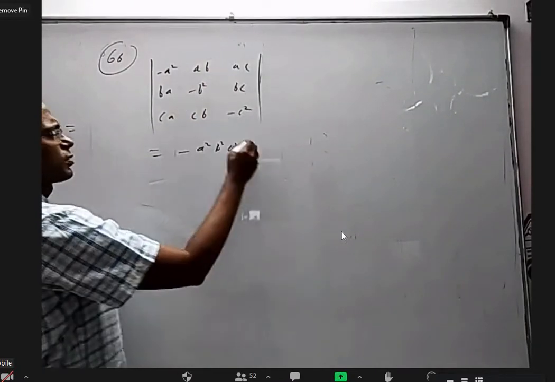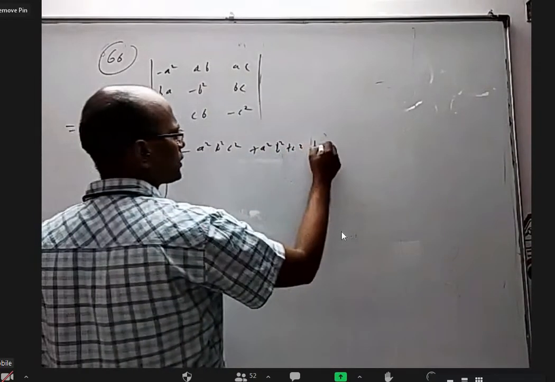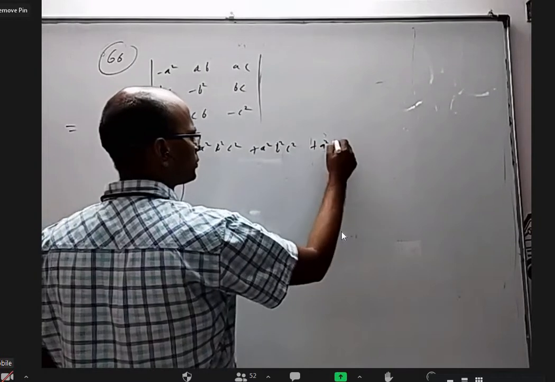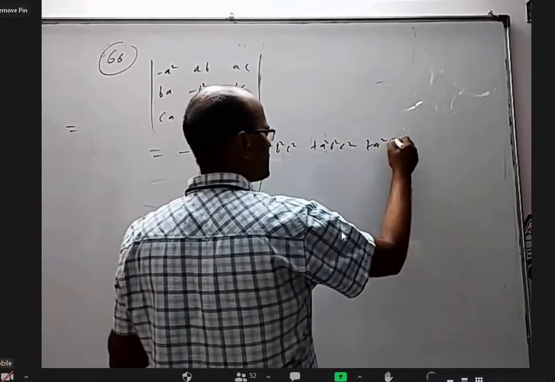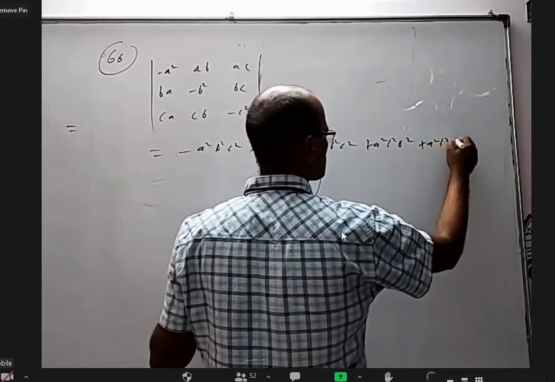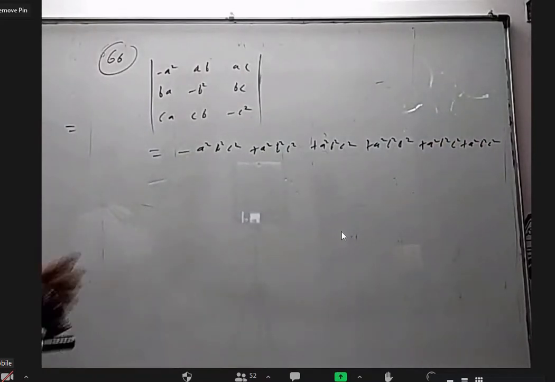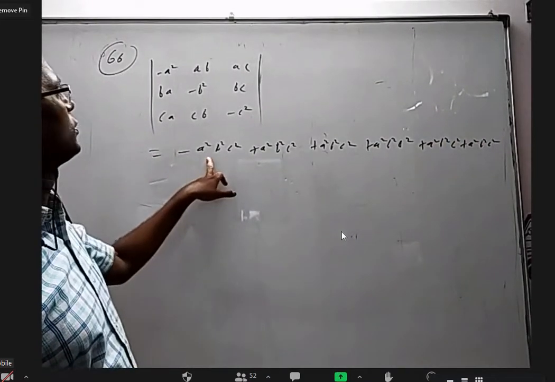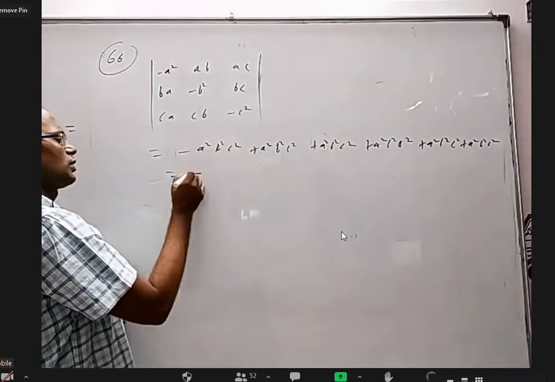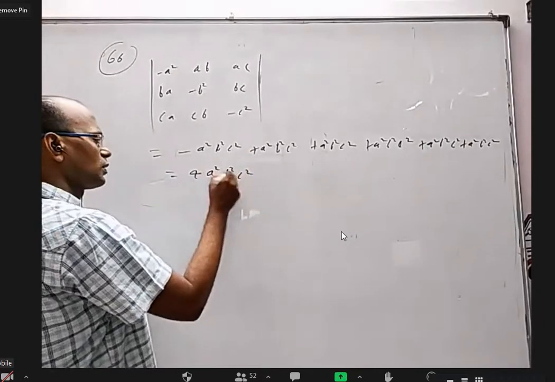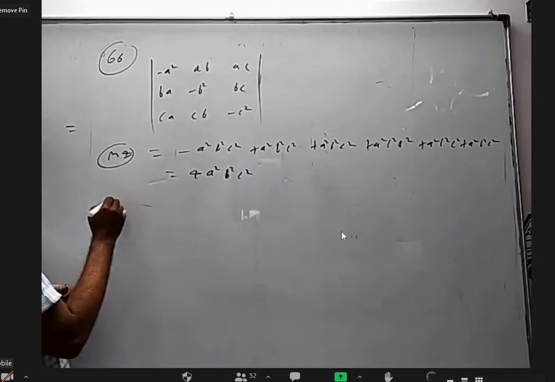This into this also a square b square c square, and this into this also a square b square c square. And when you take the other three, again it will come plus a square b square c square each. If you expand by arrow method, you will get only one negative, the rest all positive. So there are 5 times, this is 1 time, so it is 4a square b square c square. That is one way. This is method 1, expanding by the diagonal way.